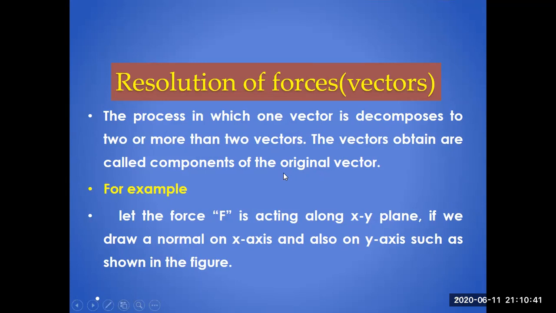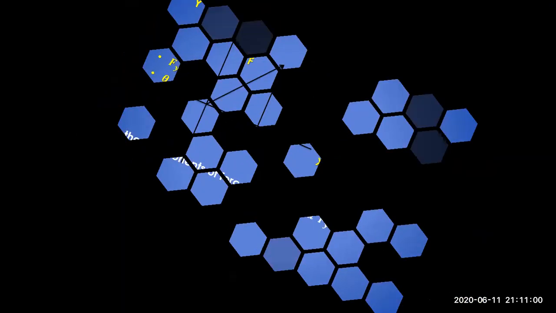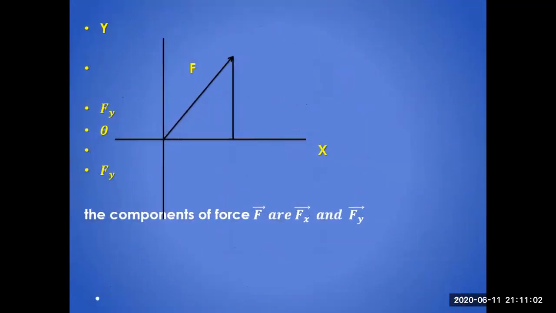We will see with the help of a diagram. For example, if force F is acting between the x and y axes in the xy plane, we draw a normal on the x-axis and also on the y-axis. If you look at this figure, this is the x-axis and this one is the y-axis.